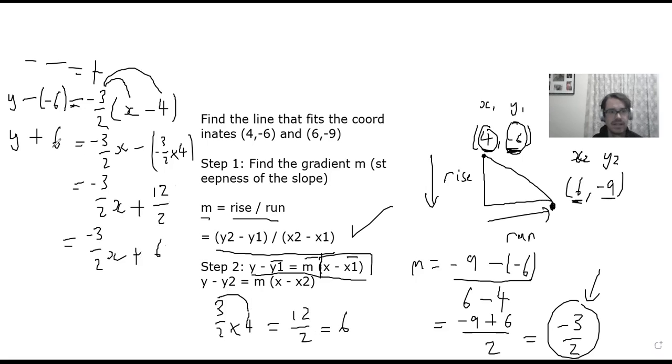So we've got a plus 6 on the left and a plus 6 on the right. We're going to subtract 6 from both sides. Y plus 6 minus 6 is y. The 6's cancel out. Minus 3 on 2x plus 6 minus 6, the 6's cancel out. So we're just left with y equals minus 3 on 2x. Right? Now we've got our solution.